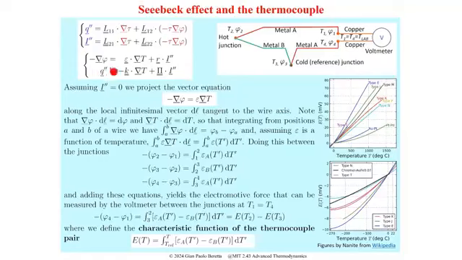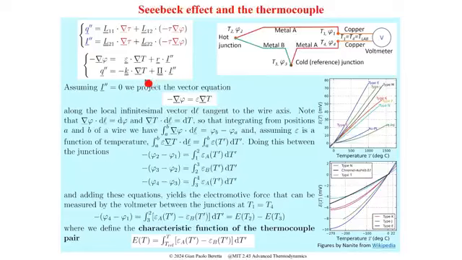And in fact, there is heat, Q double prime, that runs along the wire, because the wire is an electric conductor, but it's also a thermal conductor. It has a thermal conductivity, and it has a Peltier coefficient.